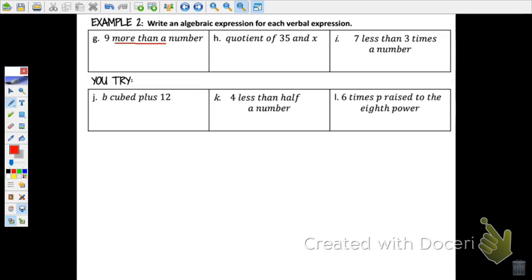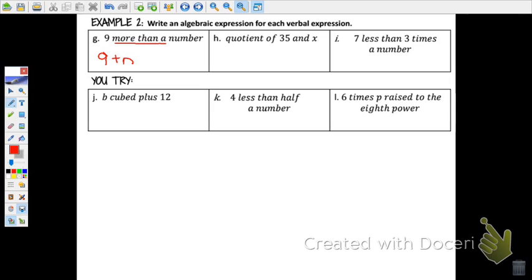Add. Okay. So lots of times people write their problems as they read them. So they would write 9 plus n. If I say that I have 9 more than something else, I need to know what that something else is before I can figure out what I have, because I have to add 9 to it.